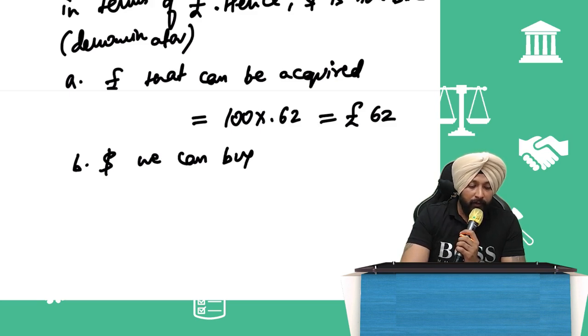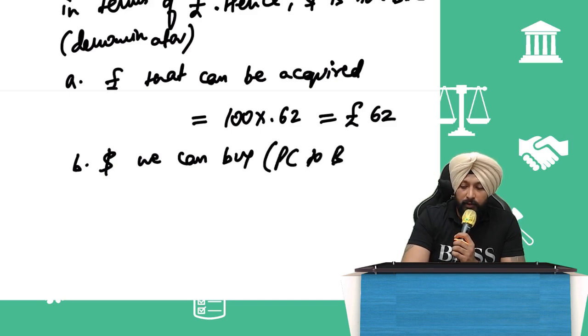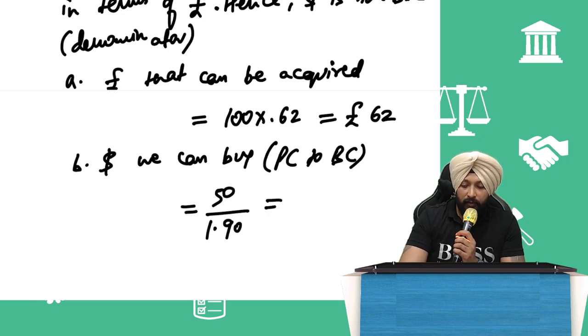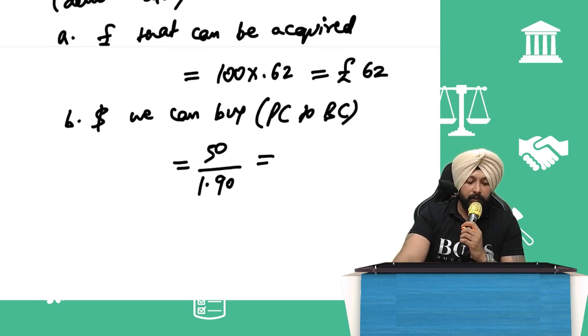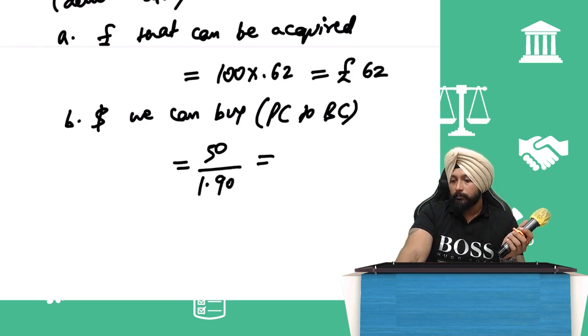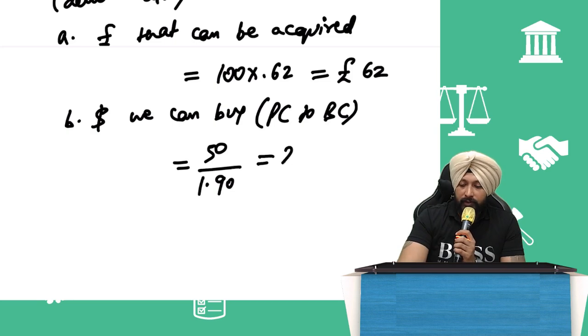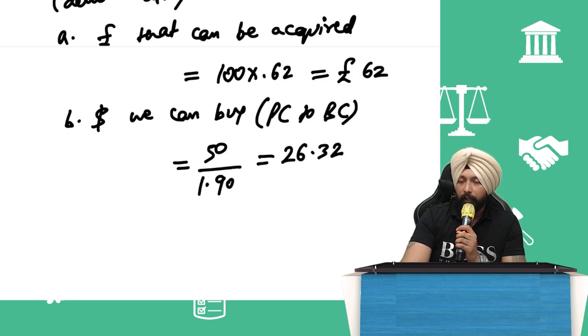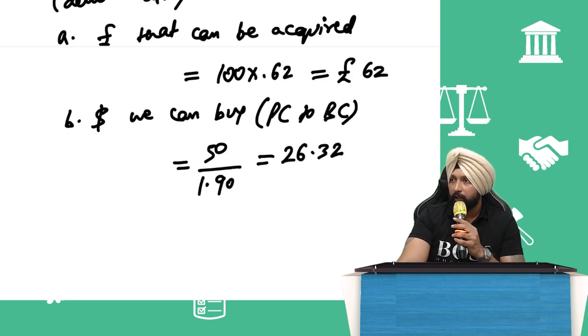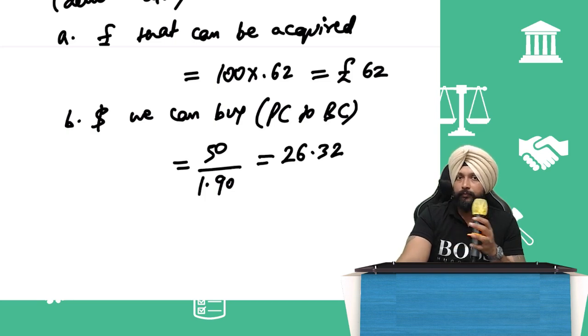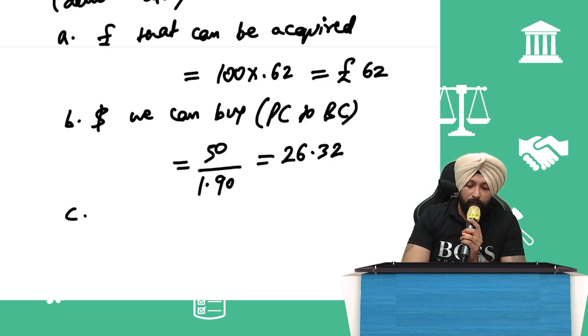Dollar that we can buy. So we're doing price currency to base currency. So we know we have to divide. So that is 50 divided by 1.90. 26.3, okay, 26.316, I think you're getting it. So taking it as 26.32. Okay. Next.